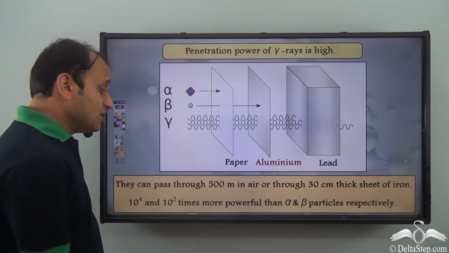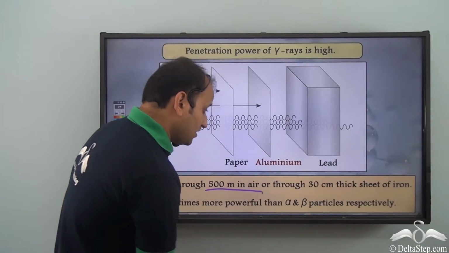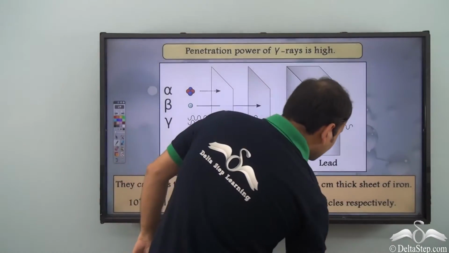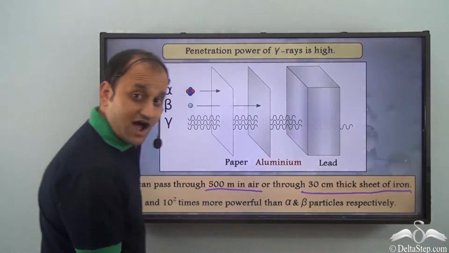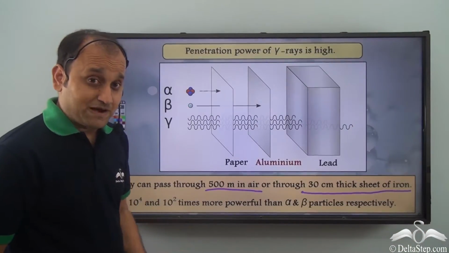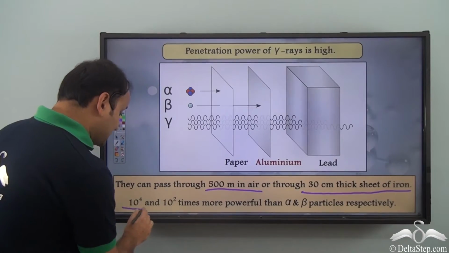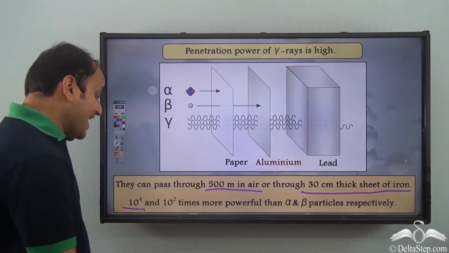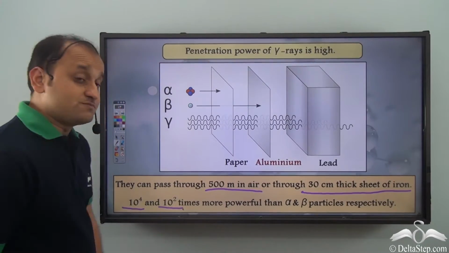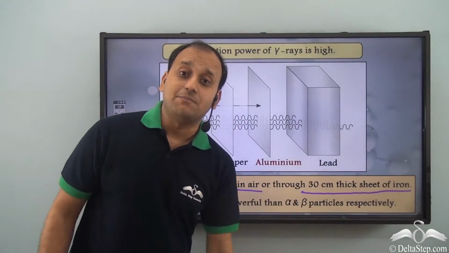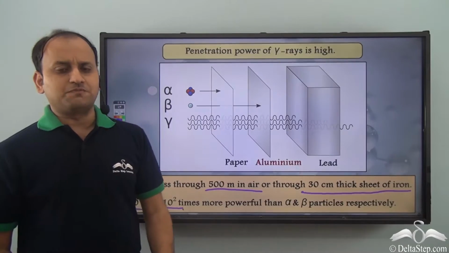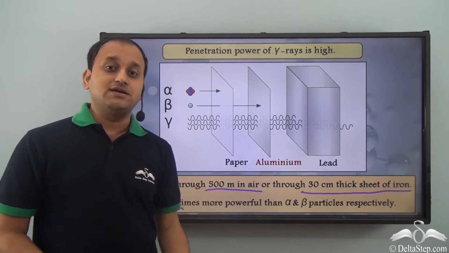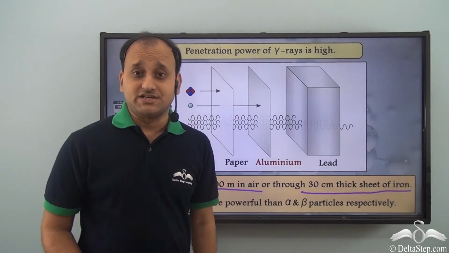They can pass through 500 meters in air or through a 30 centimeter thick sheet of iron. So their penetration power is 10,000 times more powerful than alpha particles and 100 times more powerful than beta particles.